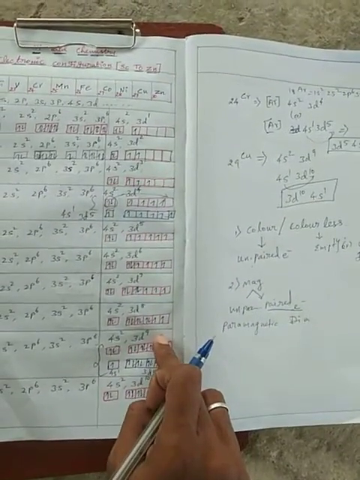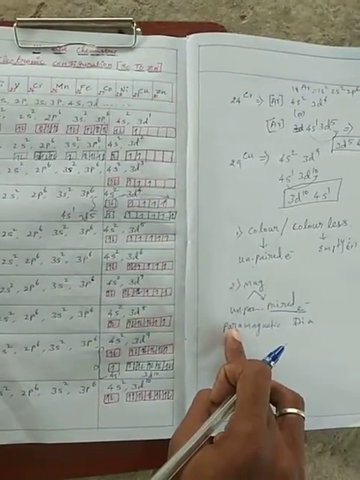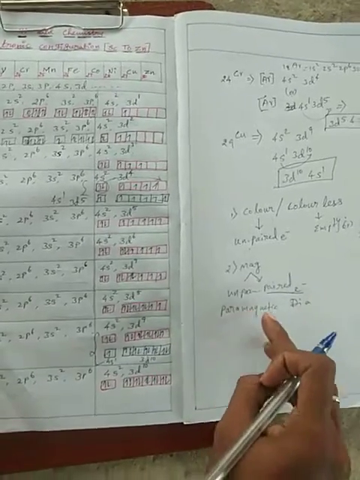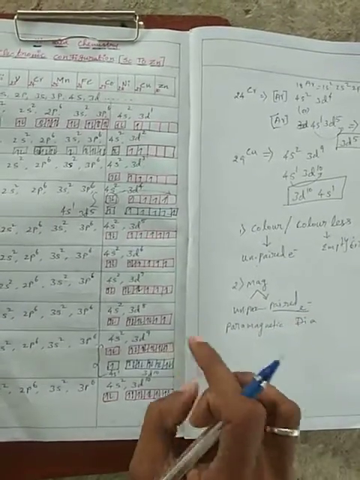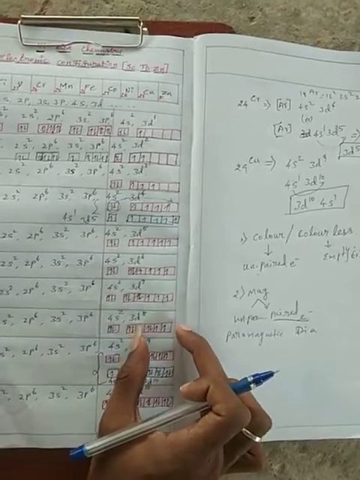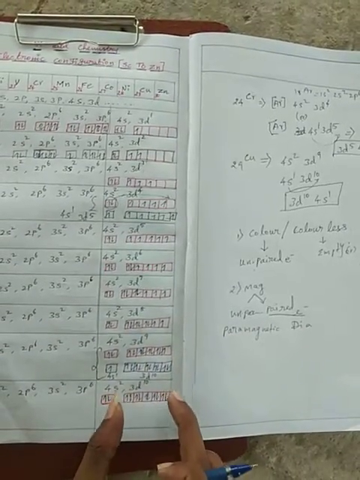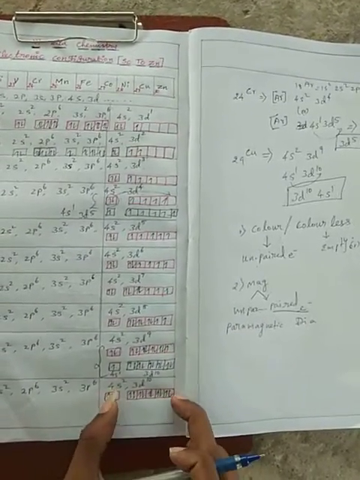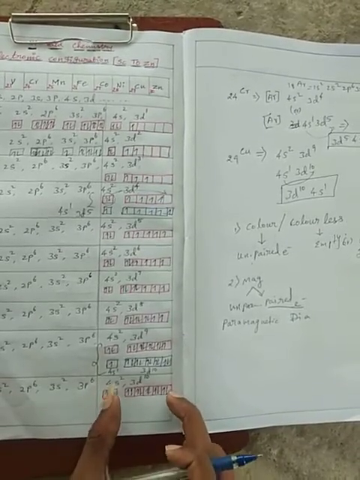Unpaired electrons present is called paramagnetic. With no unpaired electrons in the outermost subshell, as in zinc, it is diamagnetic.